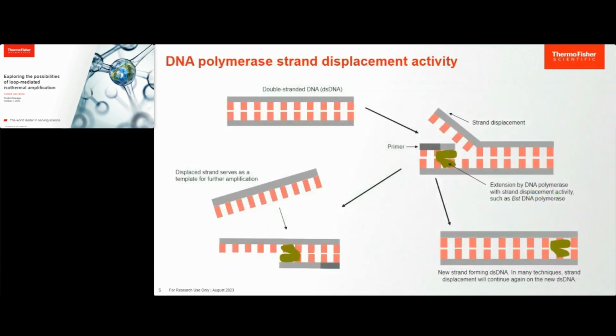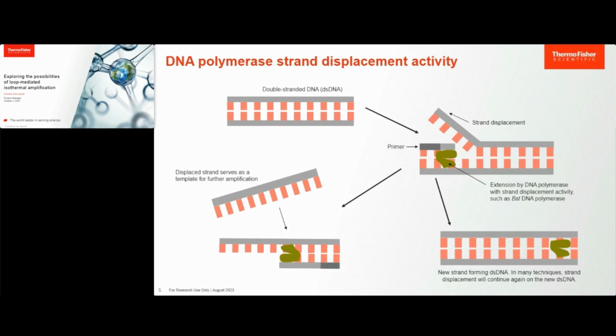In the context of LAMP technology, the principle of strand displacement is key to the amplification process. Strand displacement begins with a primer binding to the target DNA sequence. Then DNA polymerase enzyme, such as BST DNA polymerase, which possesses strand displacement activity, synthesizes a new strand complementary to the target sequence, and double-stranded DNA will form.